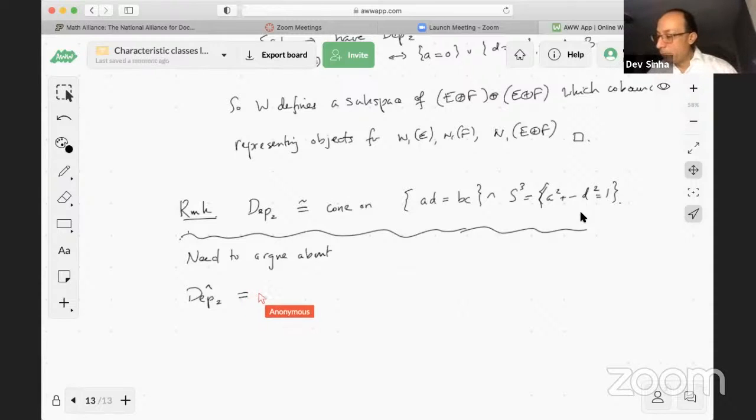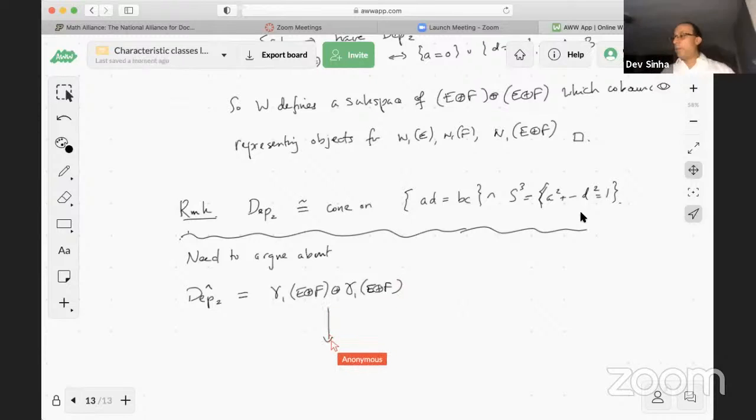So I've got an internal direct sum, and if I take a point on each, 2 points on that same line, I've got 2 points in E plus F. So again, this is an internal direct sum.